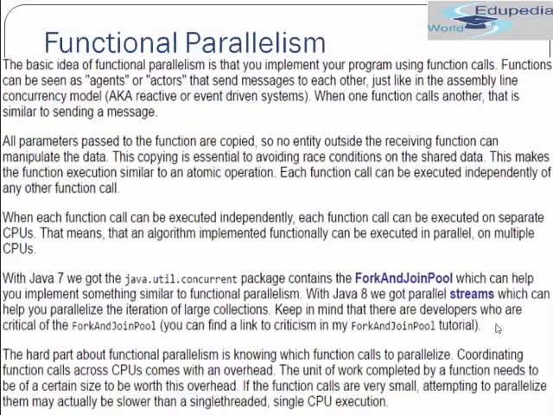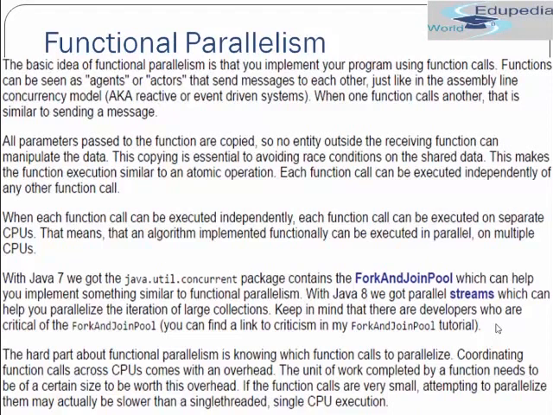Let's come to another important one, which is functional parallelism. The basic idea of functional parallelism is that you implement your program using function calls. The functions can be seen as agents or actors that send messages to each other, just like in the assembly line concurrency model.